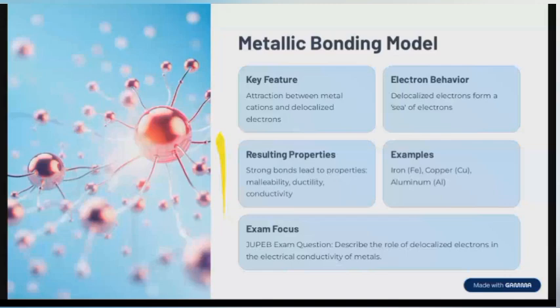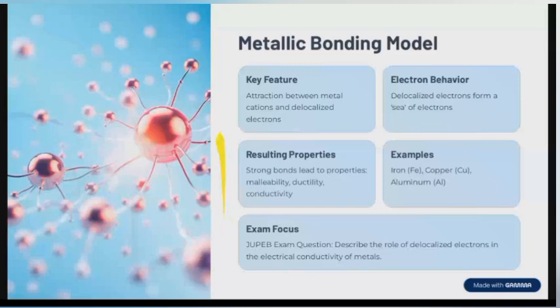So that's why metals conduct heat very fast. The same thing with electricity. Once you put a voltage connecting to a particular metal, the electrons will immediately start going in that direction, and they will cause a flow. And this flow is what leads to the generation of electricity. So the resulting property is that it causes a strong bond.